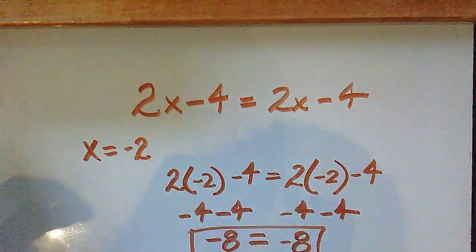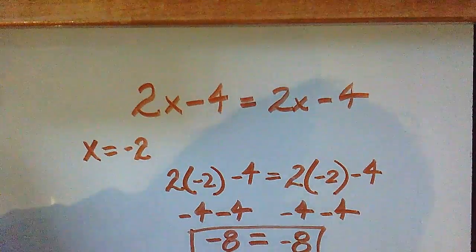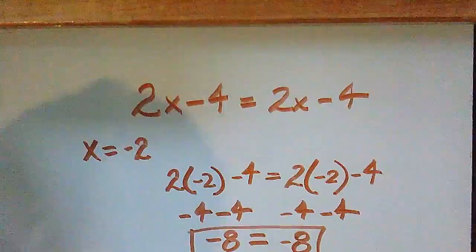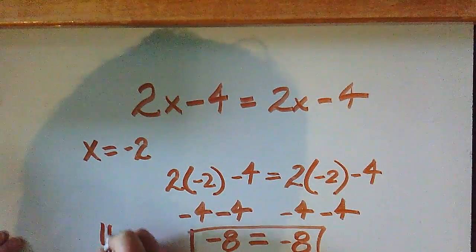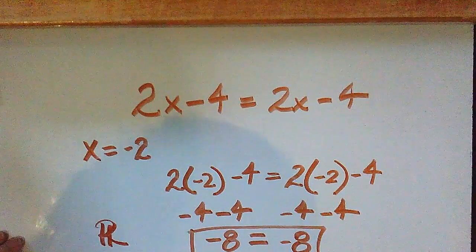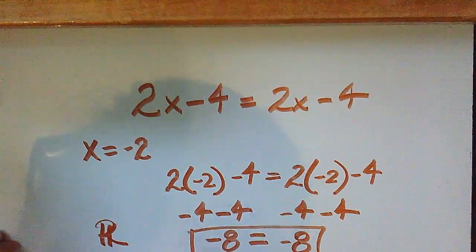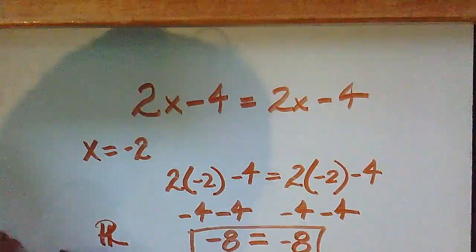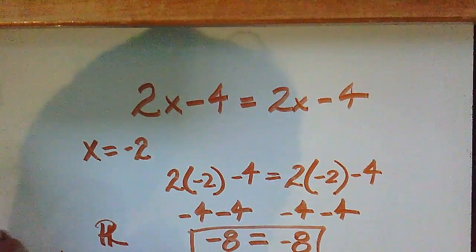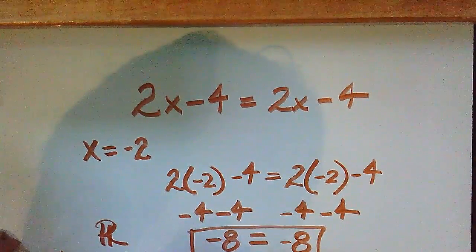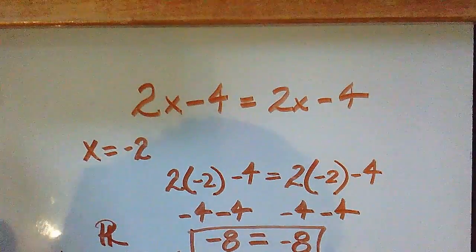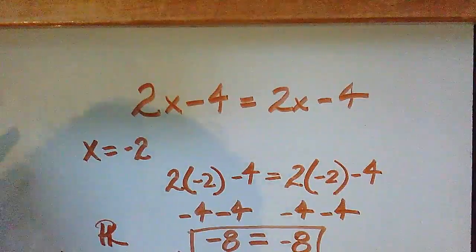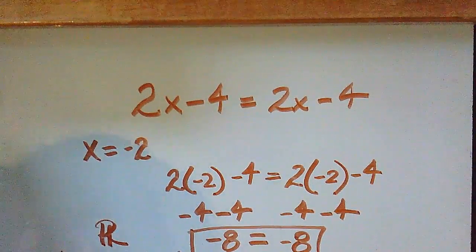The way that you say this is all real numbers, which can be written like this, or you can write the words all real numbers. Or you can say infinitely many solutions. They're all equally correct.